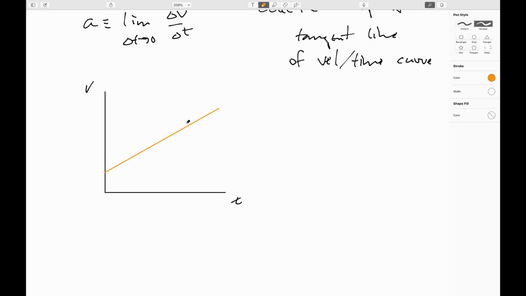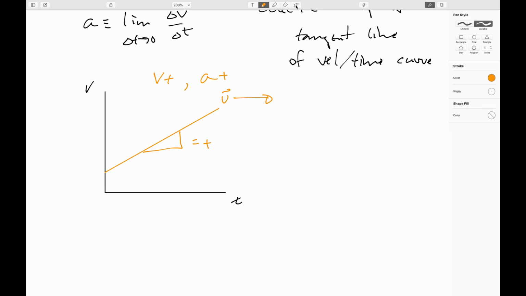So here, the value of the velocity is positive. And if I look at the slope of this, the slope is also a positive number. So the acceleration is positive. In this case, you would say that the velocity vector is pointing to the right.